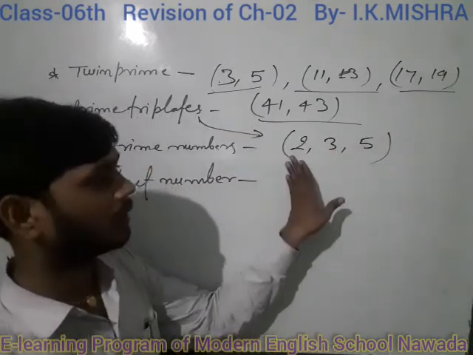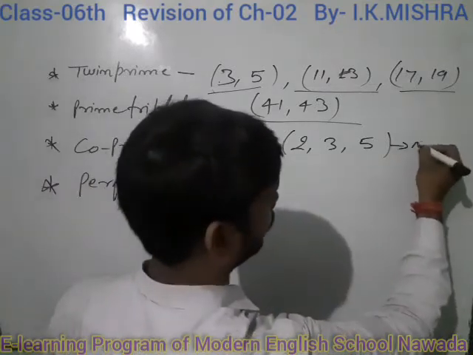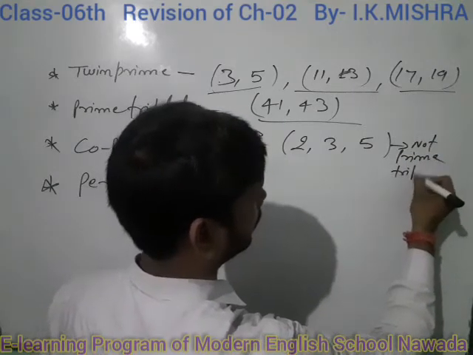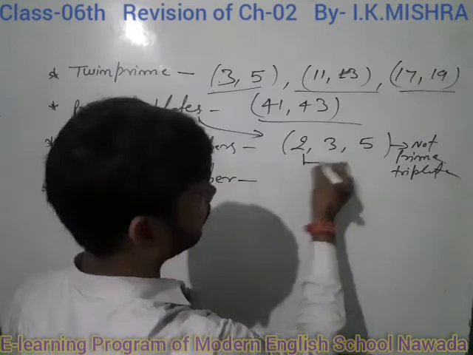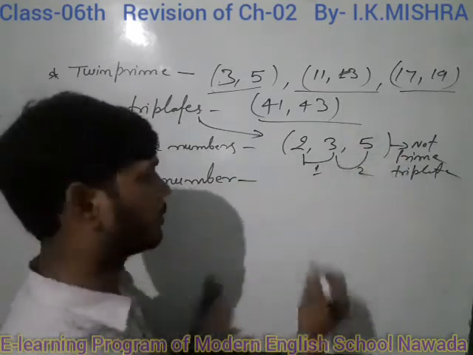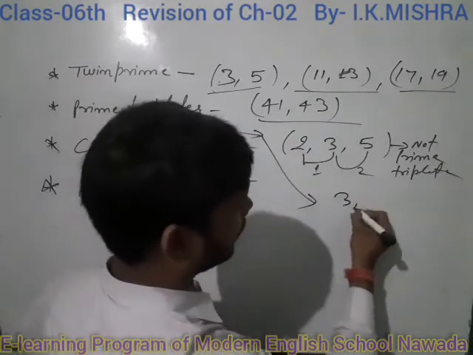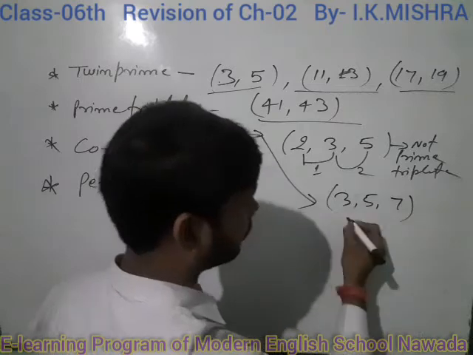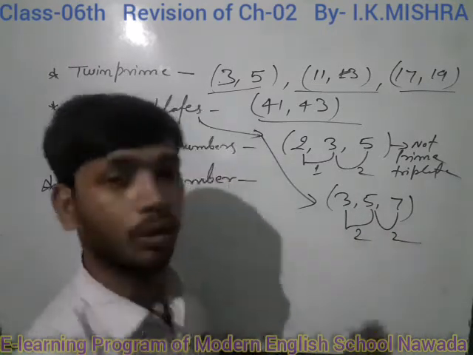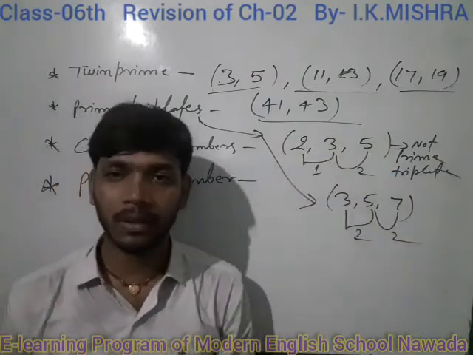Students, 2, 3, 5 is not a prime triplet, because here the difference is 1 and here the difference is 2, so it's not a prime triplet. But right here, prime triplets 3, 5 and 7. Observe, here the difference is 2 and here the difference is 2, so it's a prime triplet. Similarly you can write other prime triplets.